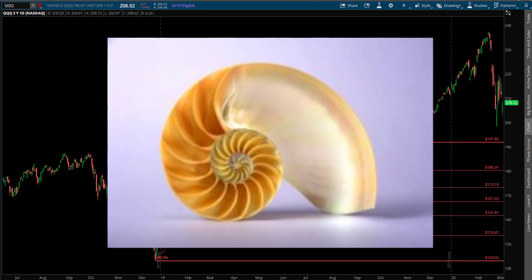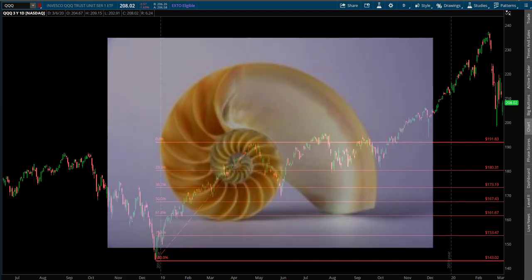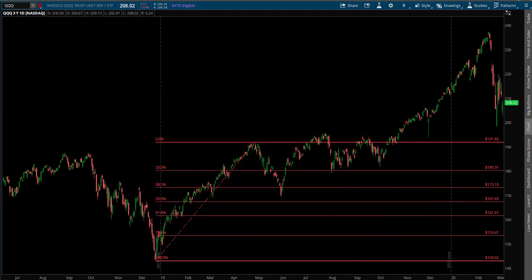And it's a spiral. We see these spirals in nature, in mathematics, architecture, a lot of different things. It really is important in mathematics, music, nature, all kinds of things.